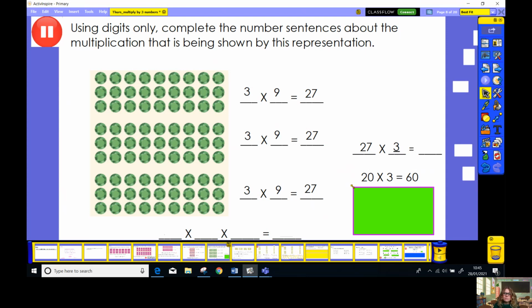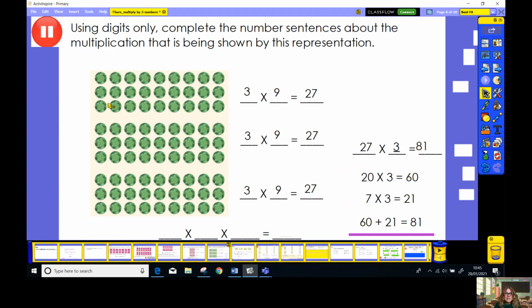First of all, I'm going to partition my number into 20 and 7. 27 partitioned is 20 and 7. 20 times 3 is 60. 7 times 3 is 21. I need to add those totals together now, 60 and 21, and I have the total of 81.